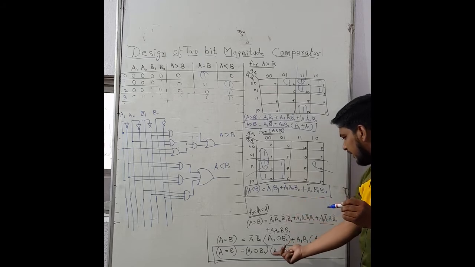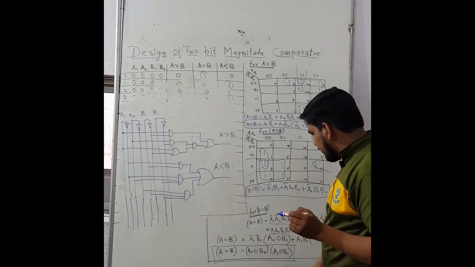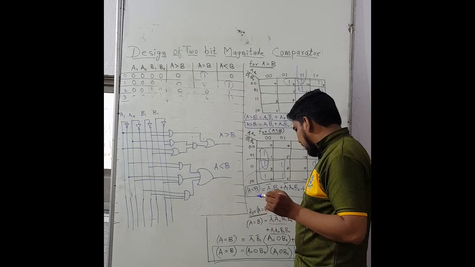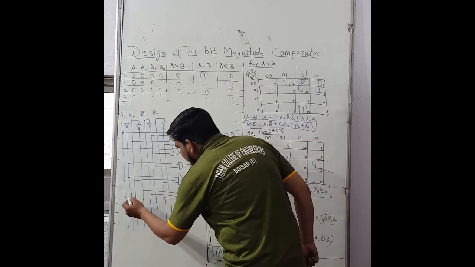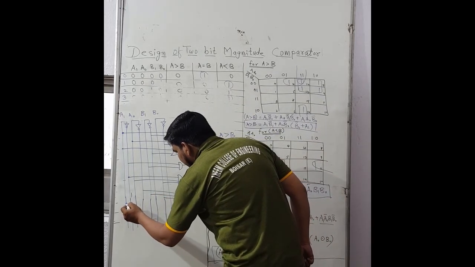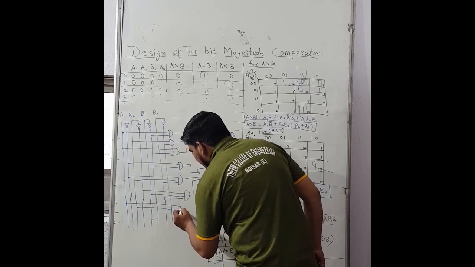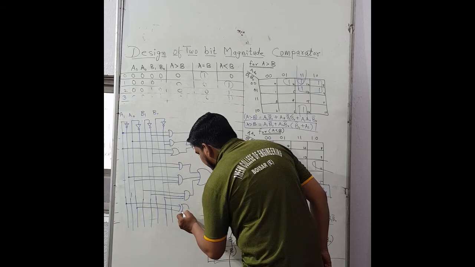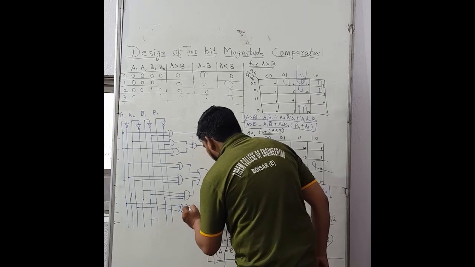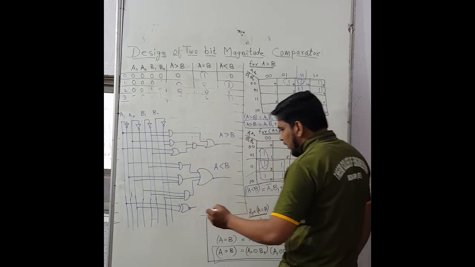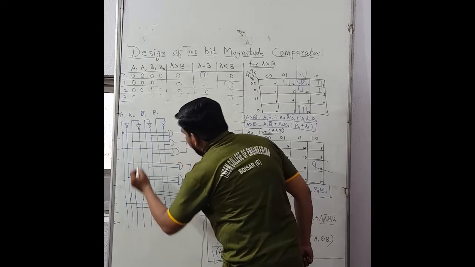And last, A is equal to B. For A is equal to B, A0 and B0 are XNORed. So this A0 and B0 are applied to the input of an XNOR gate, and then A1 and B1 are again XNORed.